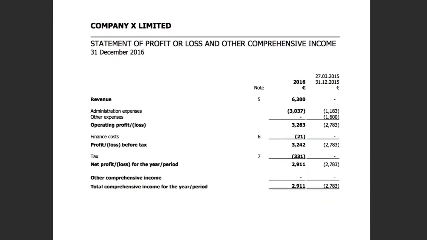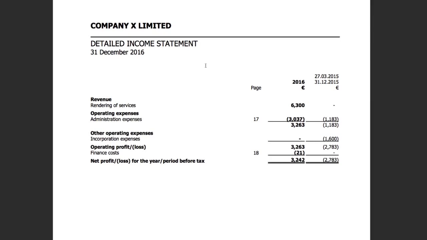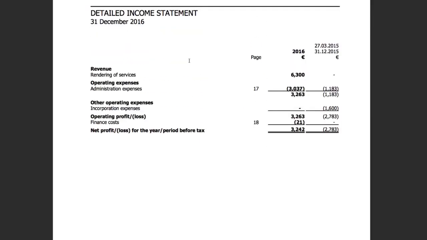If we want to know more details about this income statement, then we will go to the very end of the set of the financial statements, as discussed earlier on, which shows a bit more detail. So we scroll down and we go to page 16. Page 16 doesn't vary much from page 5, where the income statement we've checked earlier on was.